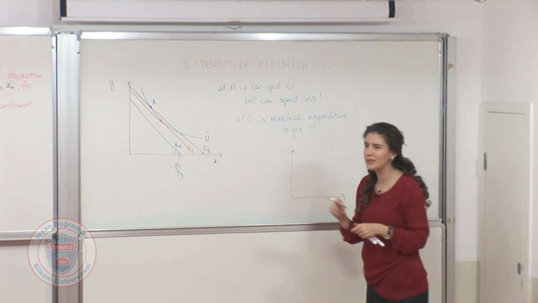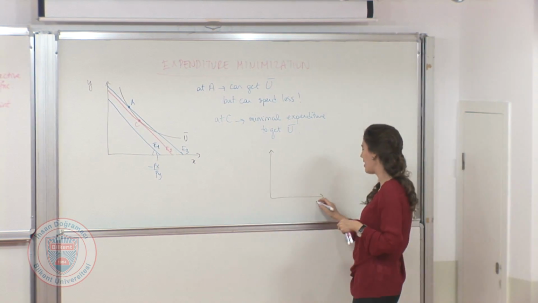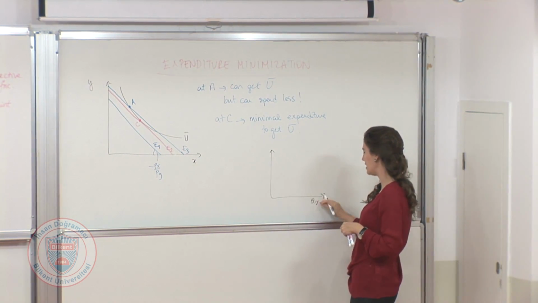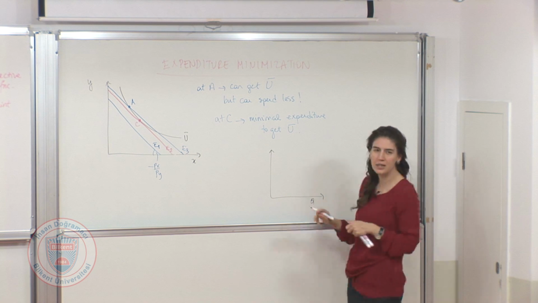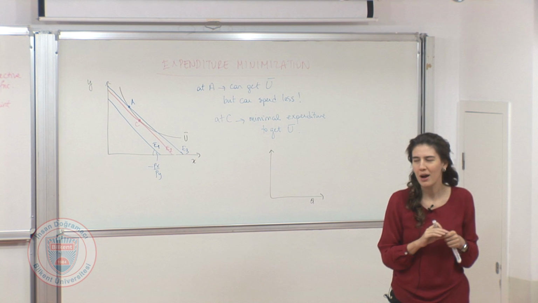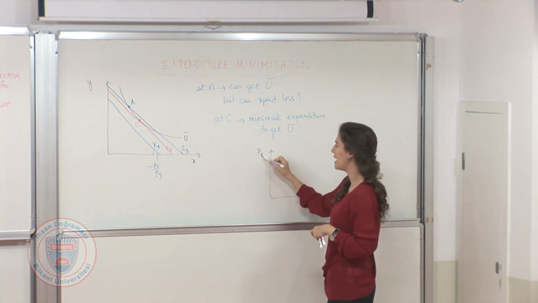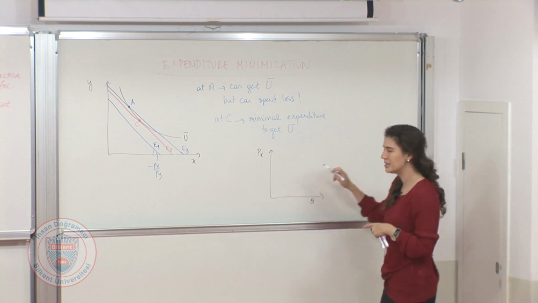You put the quantity of x here, and here you put what? Prices, right?